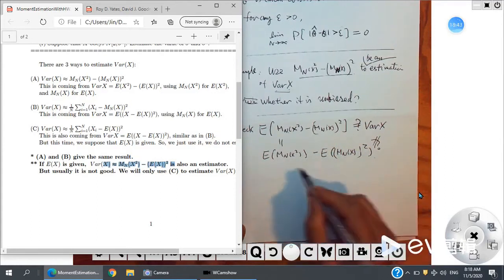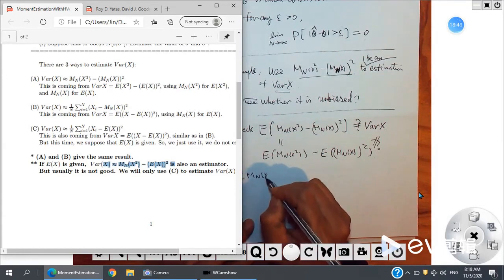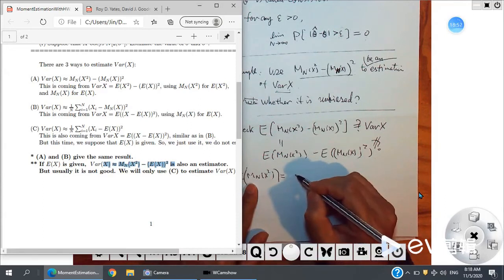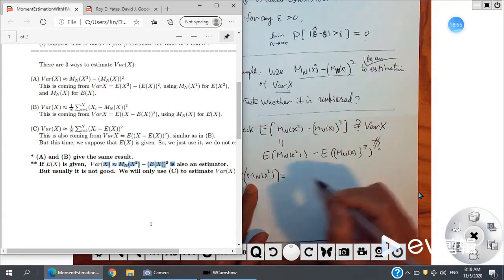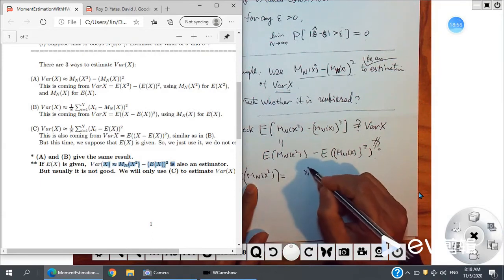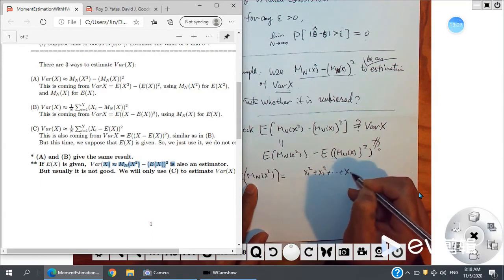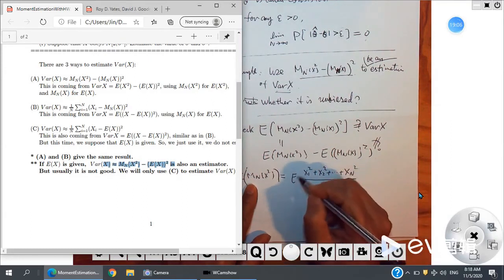All right, we'll do the calculation. E of m_N of x squared. What is m_N? m_N is the average, right? Average of these with n samples. So we have sample 1 squared plus sample 2 squared plus sample n squared, take the average, and E of these.